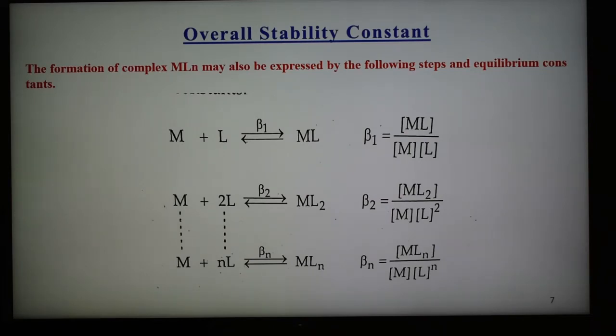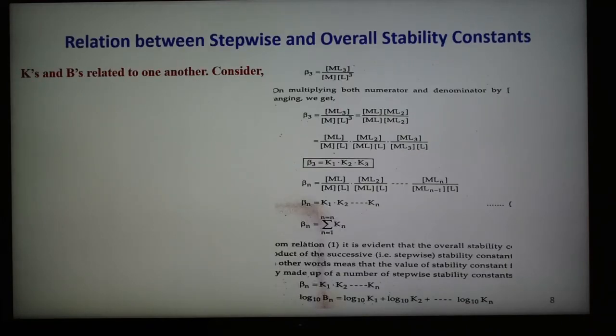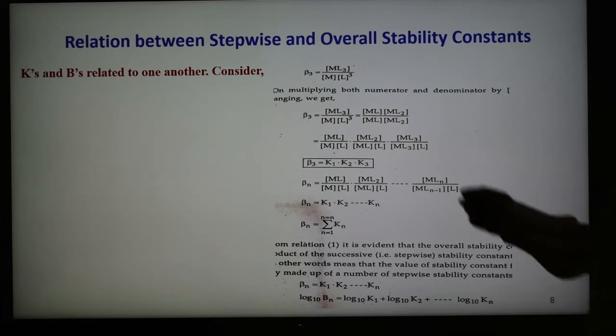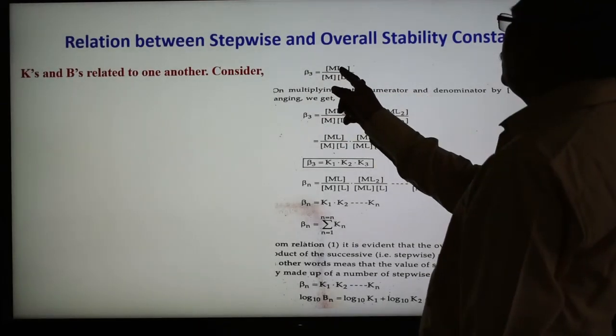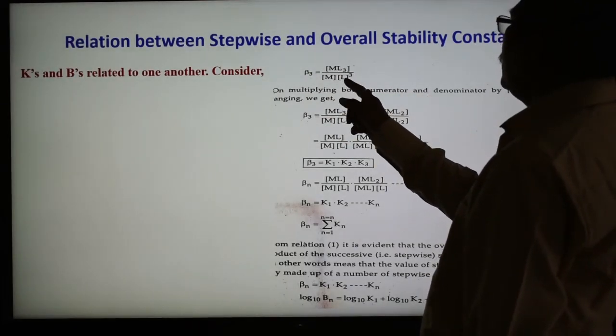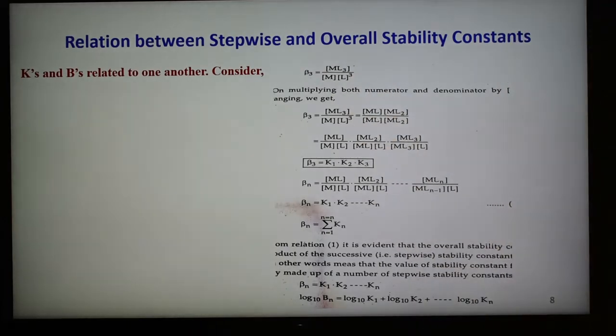And there is a relation between stepwise and overall stability constants: K and beta are related to one another by an important equation shown here. So beta 3 equals ML3 upon M into L to the power 3, as already shown here.